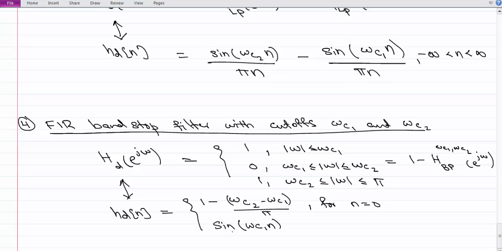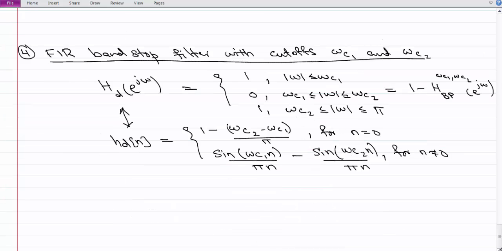We have sine of omega C1 n over pi n minus sine of omega C2 n over pi n for n not equal to 0. Again, an infinite impulse response, and all we have to do is simply replace that by a windowed version to get a finite impulse response.